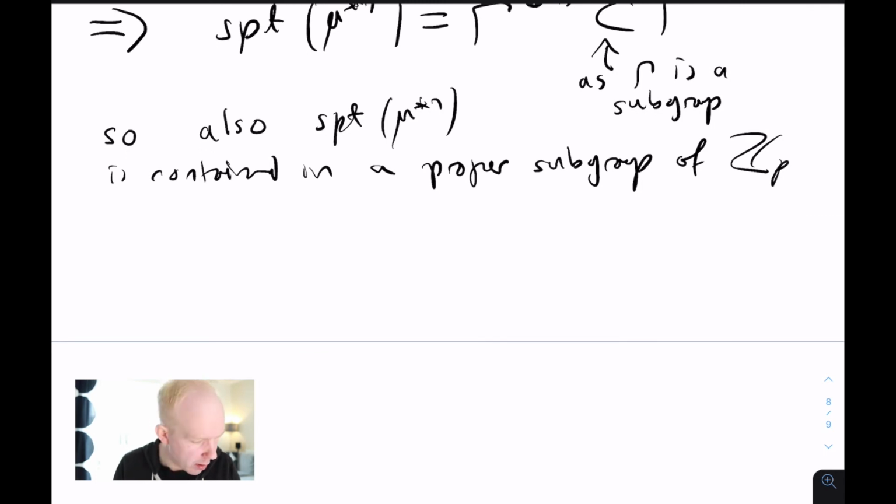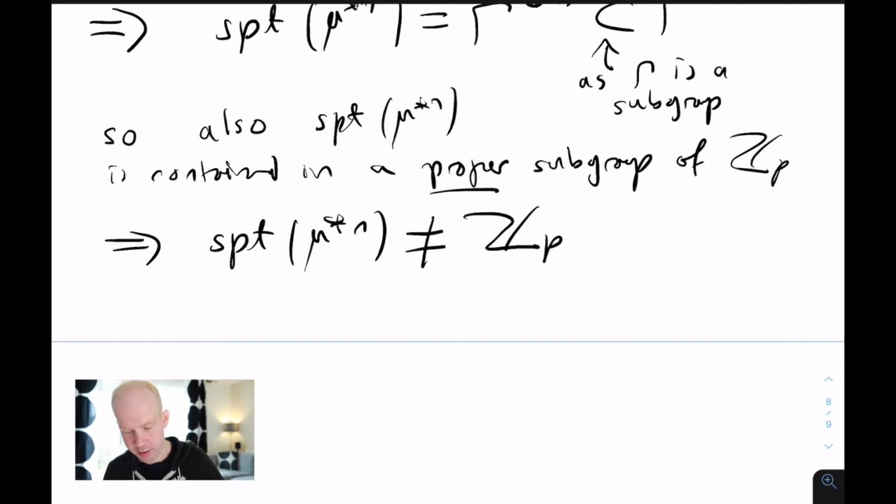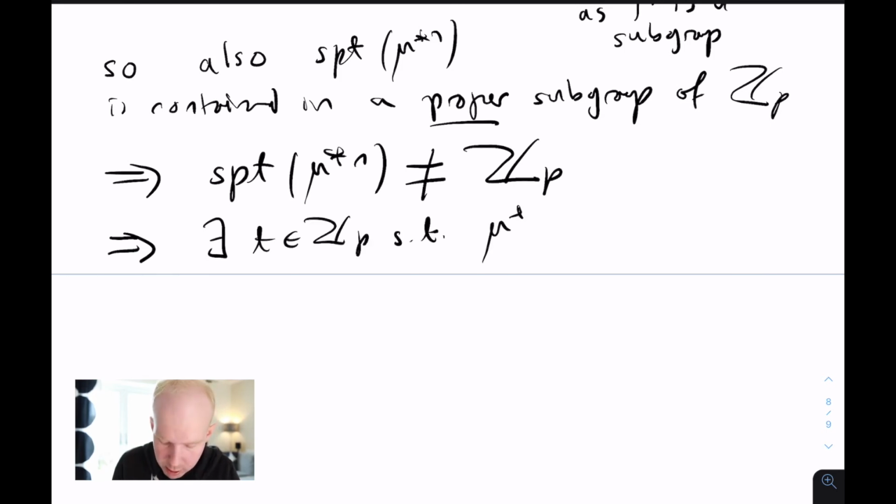And because it's a proper subgroup, this implies that the support of mu star n in particular cannot be equal to ZP, because it's contained already in a smaller set, so it has to be not equal to the whole space, which in particular implies that there exists a t in ZP such that mu star n of t is equal to 0.